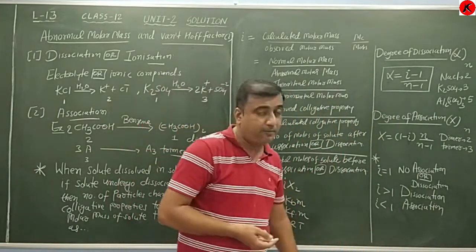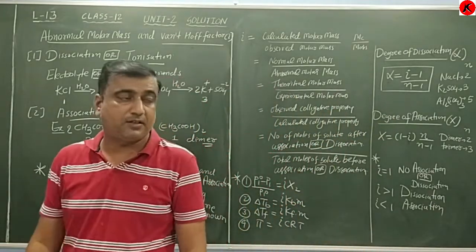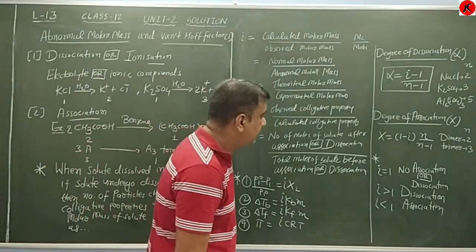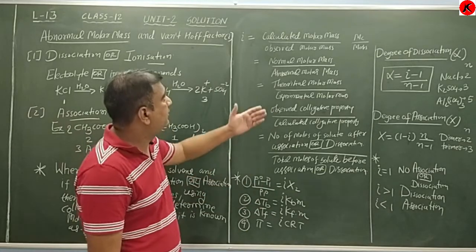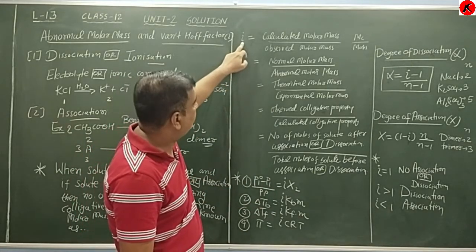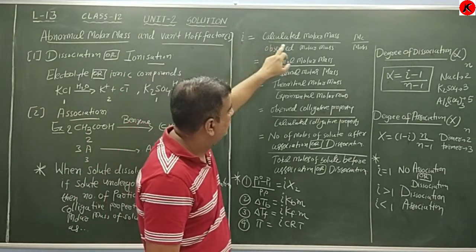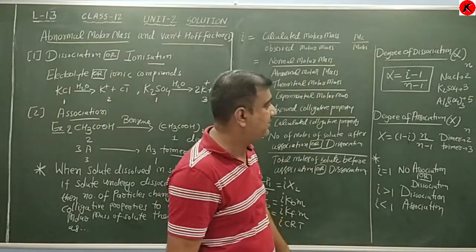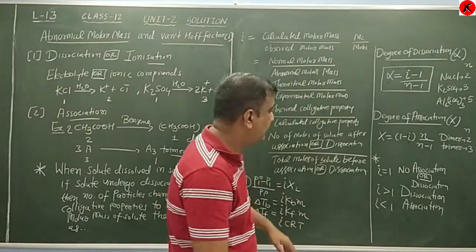Based on the value of i, we can decide whether association or dissociation occurs, or neither. Suppose i equal to 1, that means the calculated and observed molar masses will be the same, there is no association or dissociation.